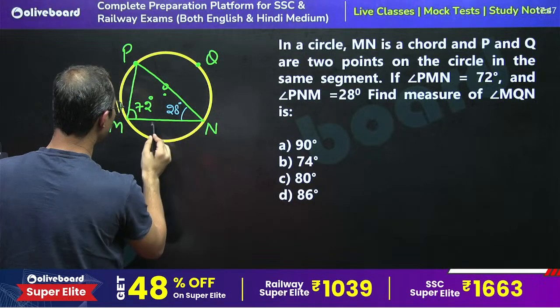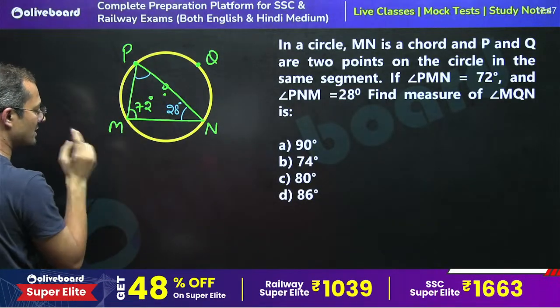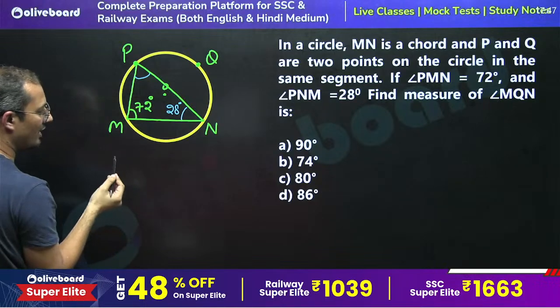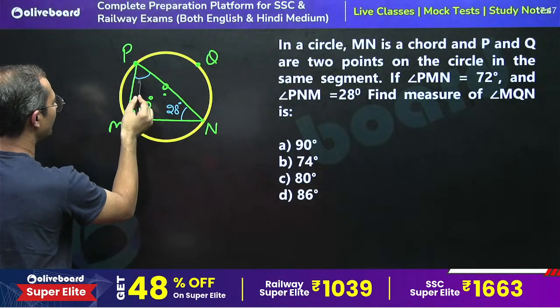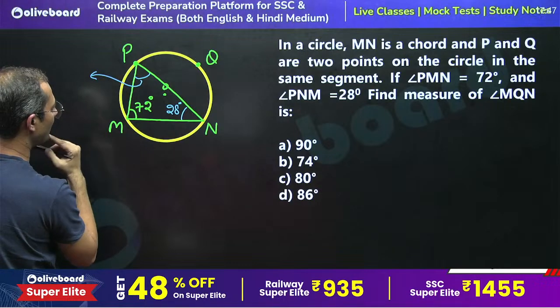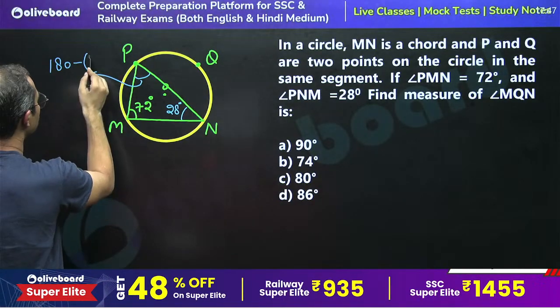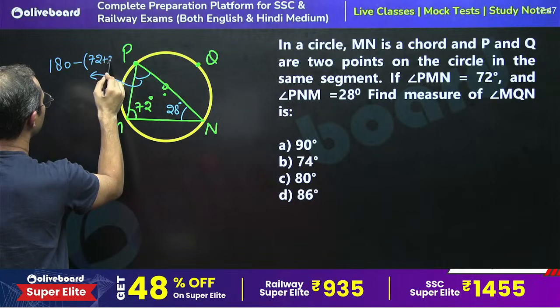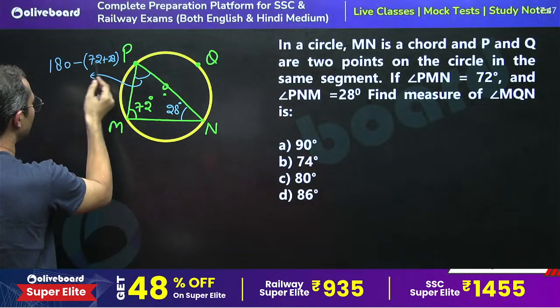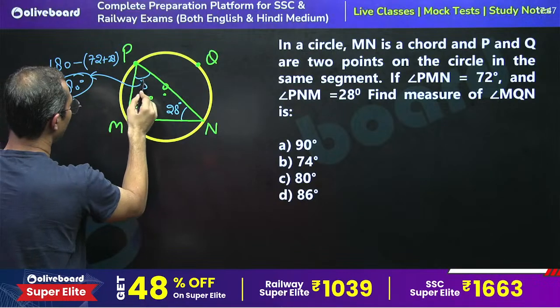So we can easily calculate the value of MPN because the sum of all angles of a triangle is equal to 180 degree. So applying the angle sum property of a triangle, we can say that 180 minus the sum of 72 plus 28 degree, so that is 180 minus 100. So this angle is going to be 80 degree.